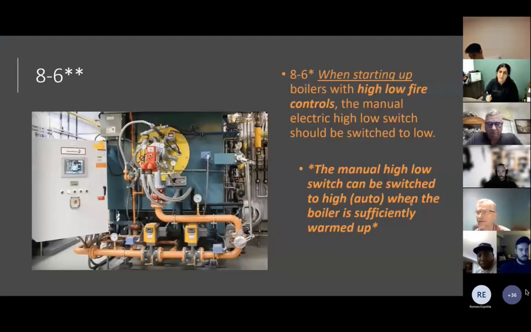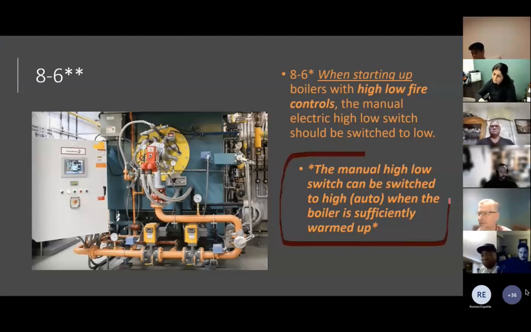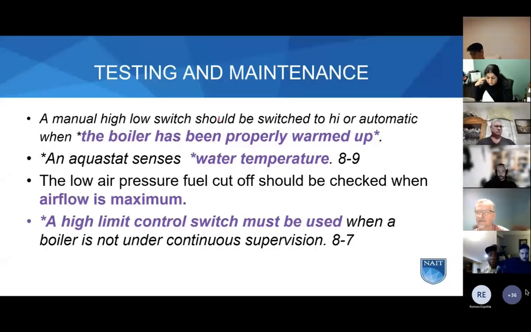Starting up boilers with high-low fire control, the manual high-low switch should be switched to low for warming up and starting up, and then we switch it to high once we've got things operating. Testing and maintenance: manual high-low switch to high or automatic once the boiler is warmed up.